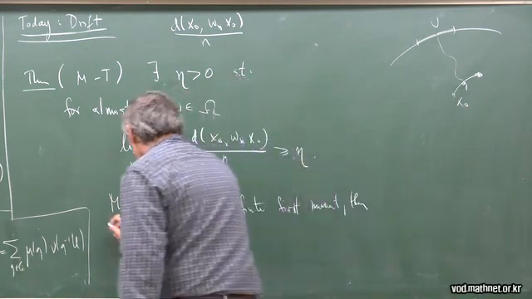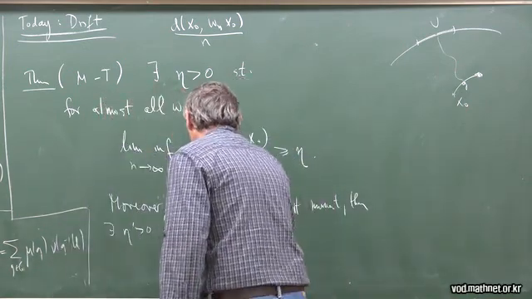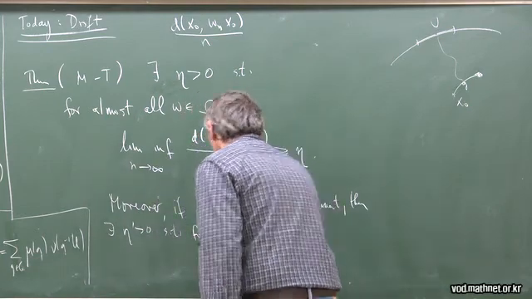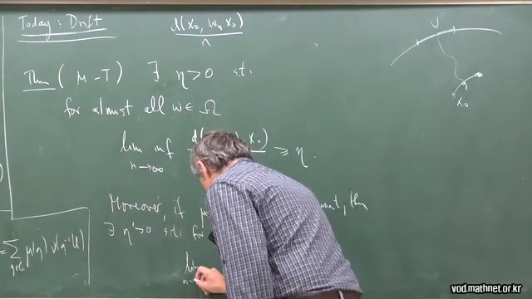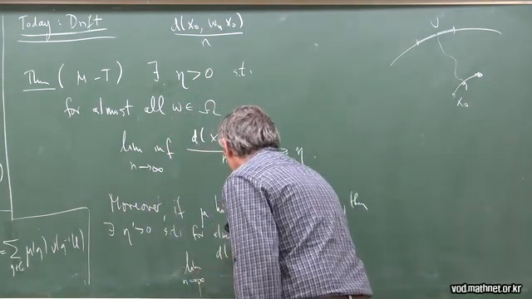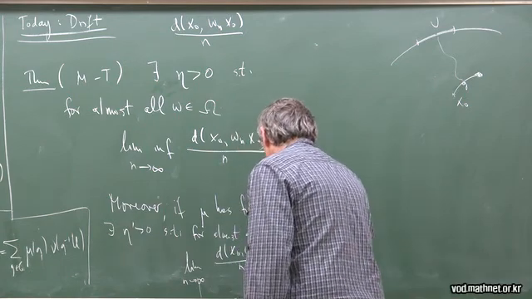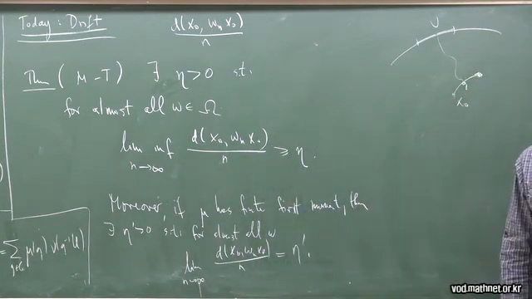So then there exists some eta prime positive, so that for almost all omega, you don't need inf here, the limit as n goes to infinity of the distance from x0 divided by n equals eta prime. So they actually go to infinity with exactly the same speed. Okay, that's maybe surprising.